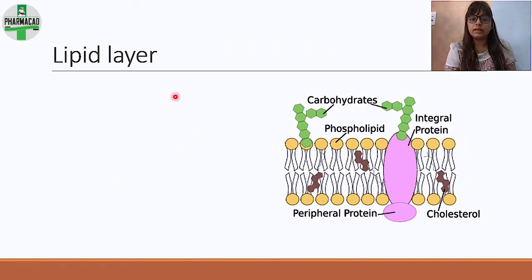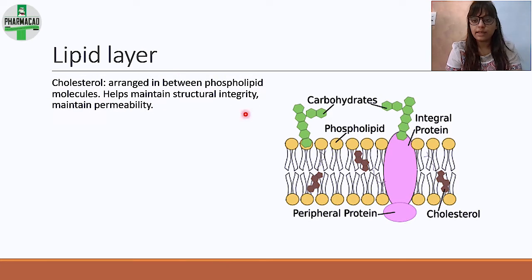The second component in the lipid layer is cholesterol. You can see this purple part. This is cholesterol. Cholesterol is arranged in between the phospholipid molecules and it helps maintain integrity and permeability. What is permeability?